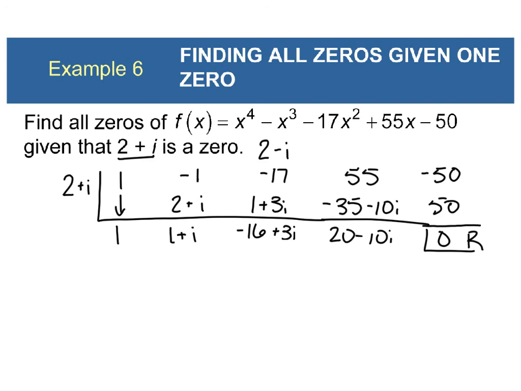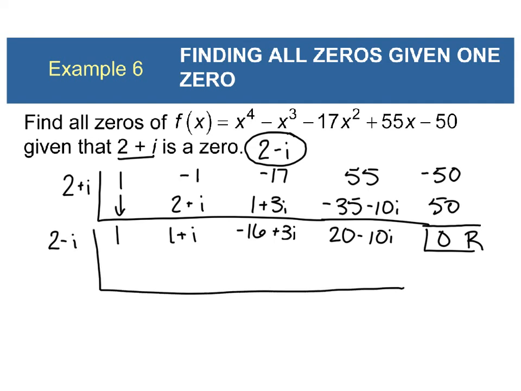Now we're going to continue this process with knowing this fact right here, that if 2 plus i is a zero, then 2 minus i is a zero also. Okay, so let's continue the process. Bring down the 1, multiply, what do we get here? 3. 2 minus i, we get a 3 here.